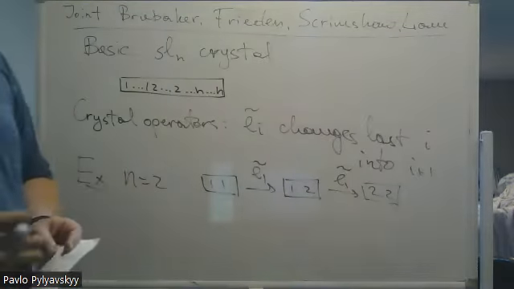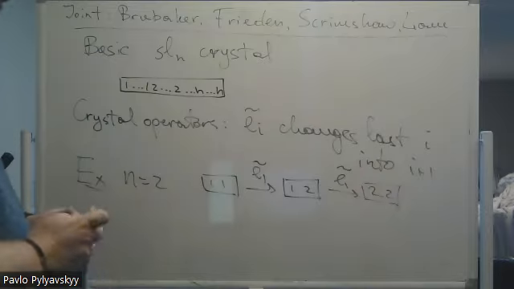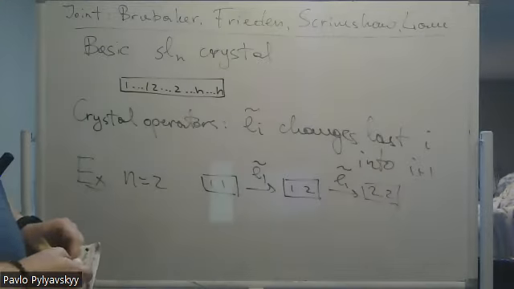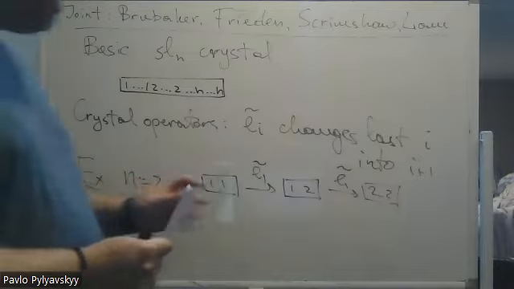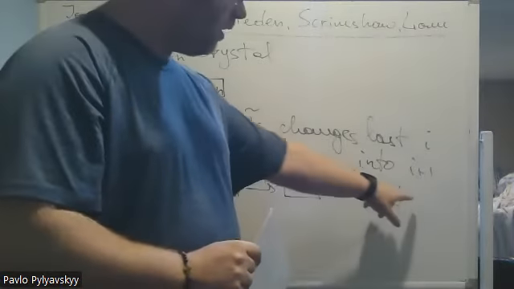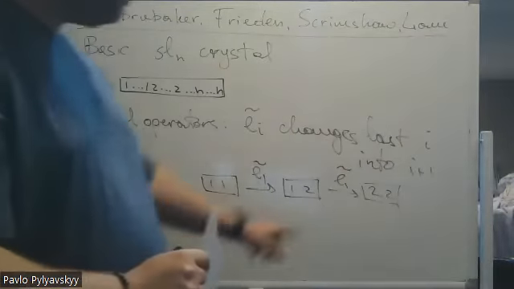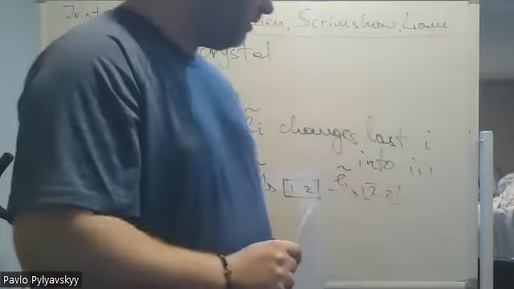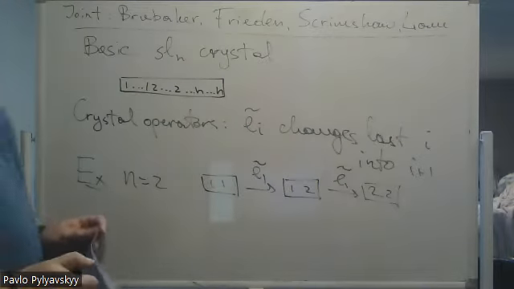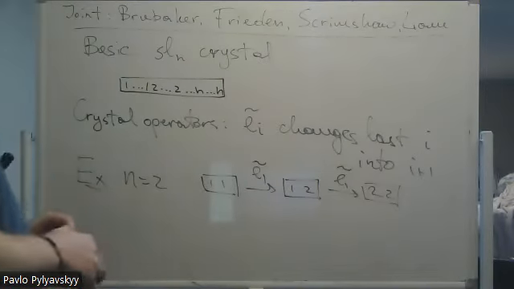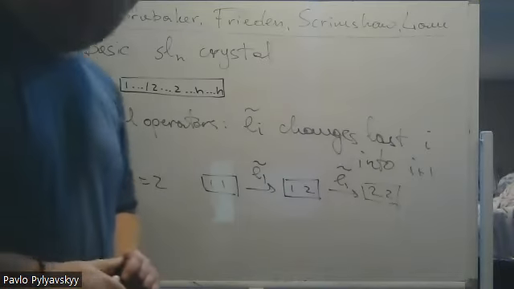And that's it. There are no more ways to fill a row of length 2 with numbers 1 and 2 in the desired way. So if we try to apply a crystal operator one more time, strictly speaking, we would say that this just maps into 0. So this is a very small example of a basic crystal. Are there any questions about this?